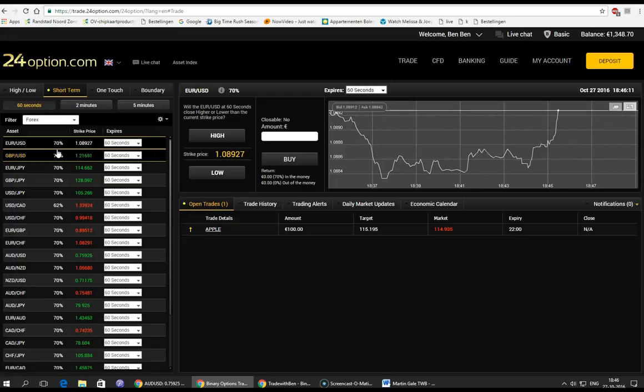GBP dollar start an uptrend, approximately everywhere. Yeah, so the dollar is sinking on all my charts, which have the dollar in it.